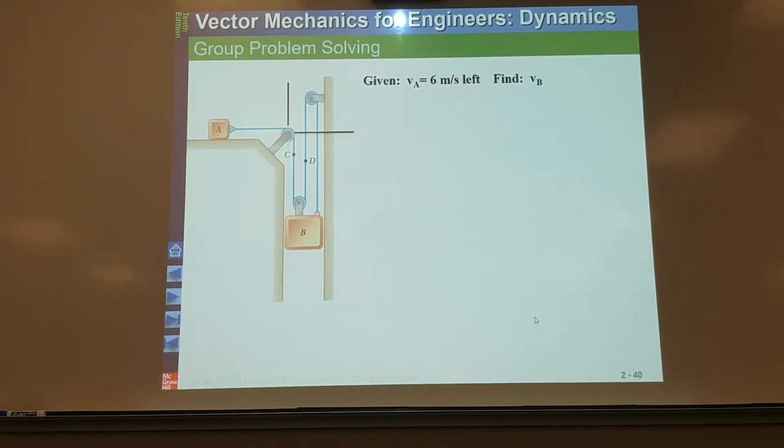So kind of the same thing here. In light of that, this is another example you could probably answer. So velocity of A is 6 meters per second to the left. What do you think the velocity of B is equal to? Count the number of ropes across. So 6 meters per second divided by 3 ropes would give you 2 meters per second.